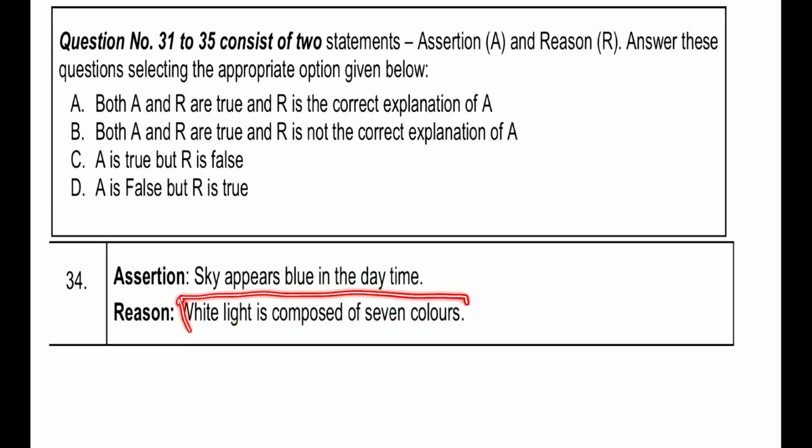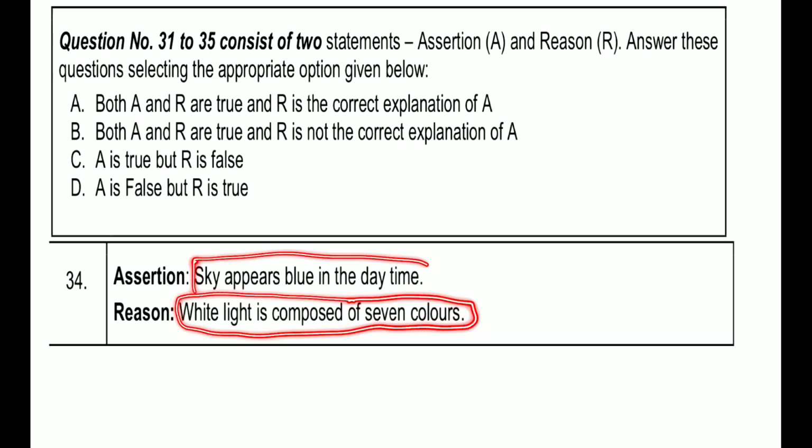White light is actually composed of 7 colors, but it is not the correct reason for the sky appearing blue in the daytime, right? So assertion is correct, and white light is composed of 7 colors. If I consider them as statements, both statements are correct, but the reason statement is not the correct reason for the assertion, right?